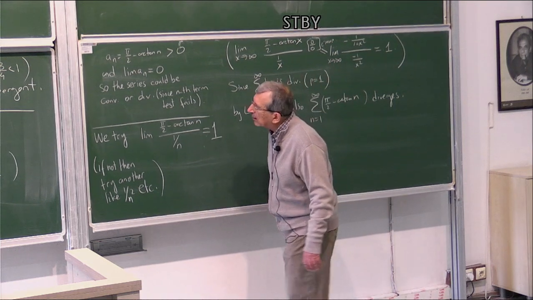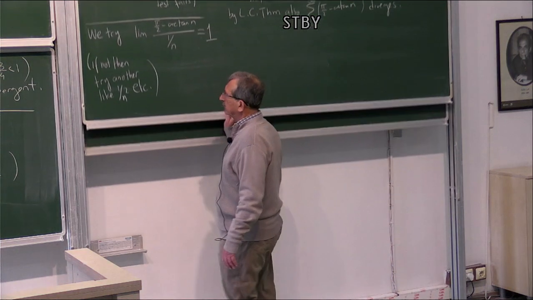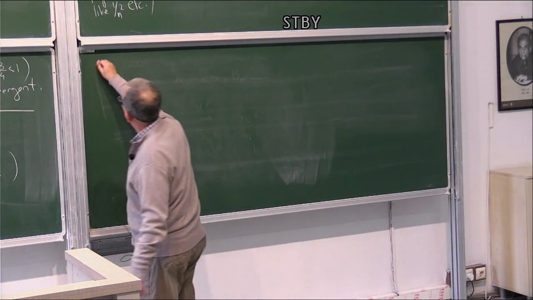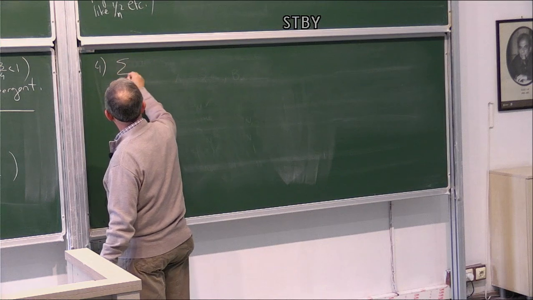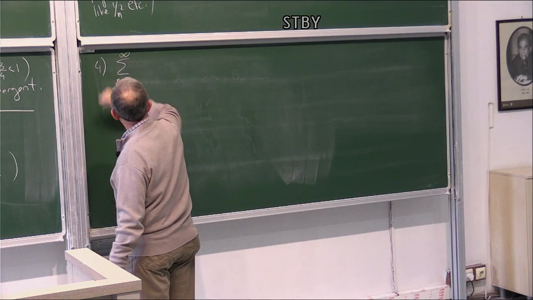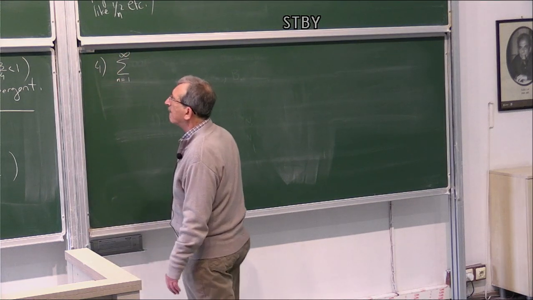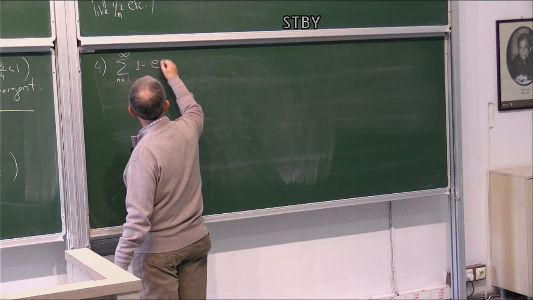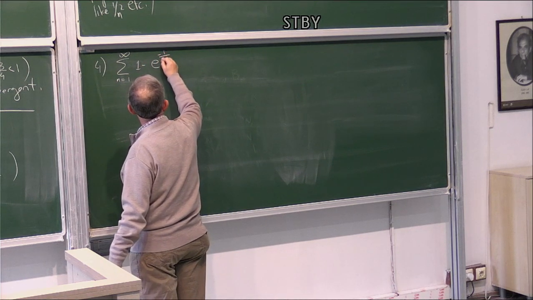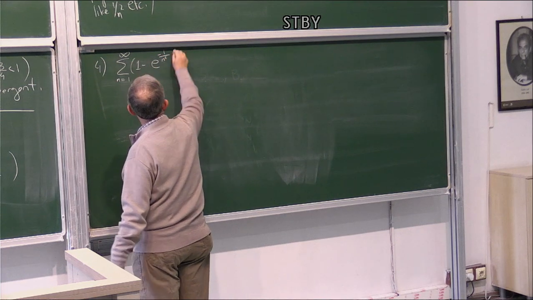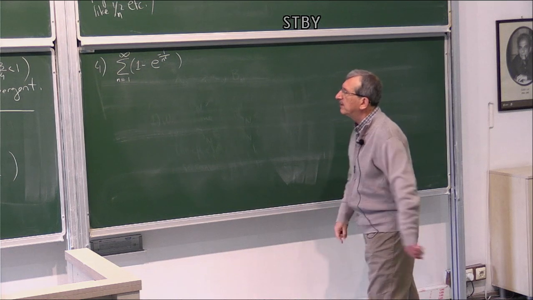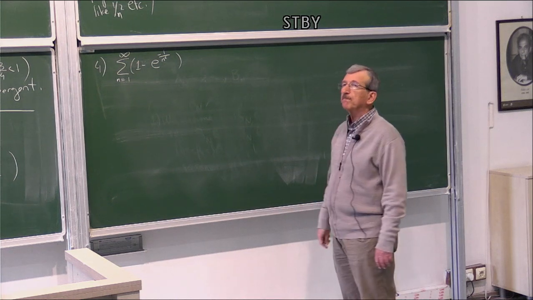Let us consider a fourth example. Okay, 1 minus the exponential of minus 1 over n squared.